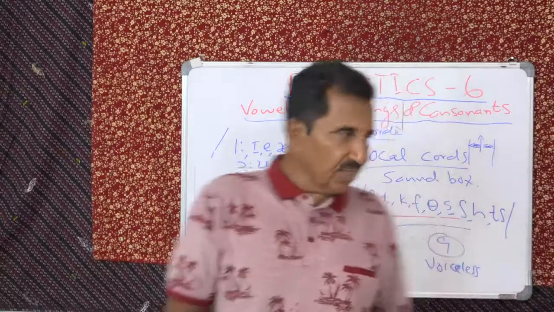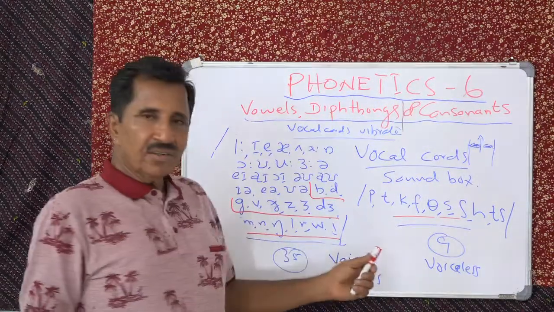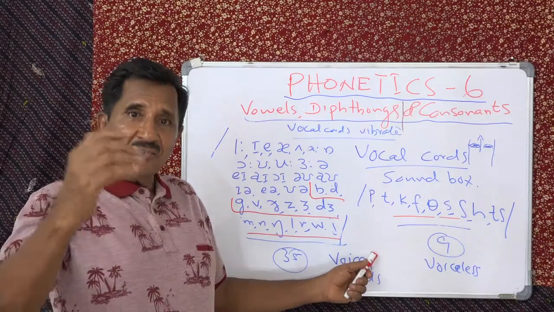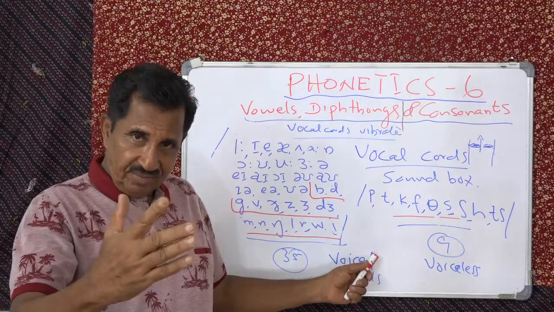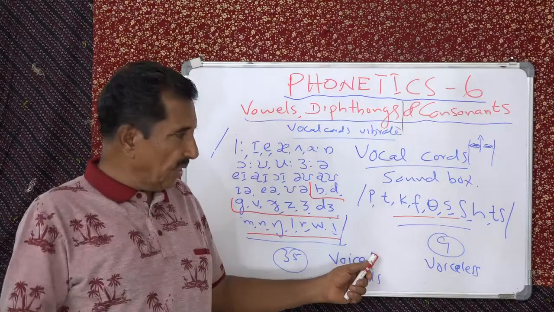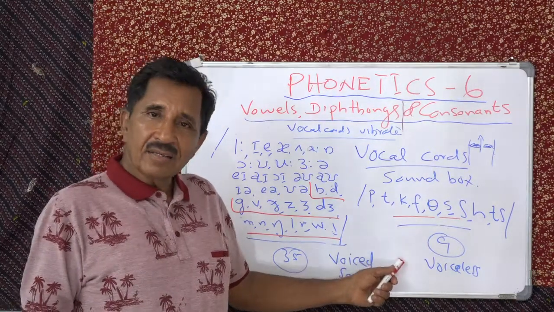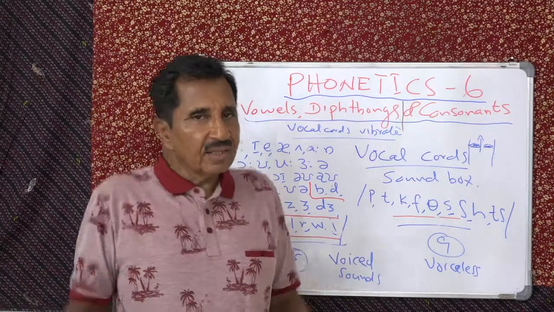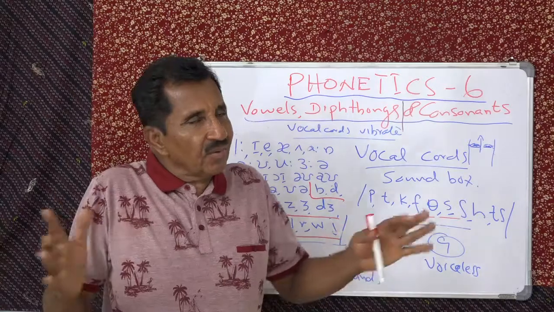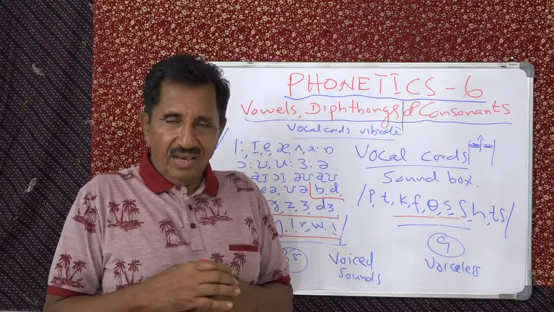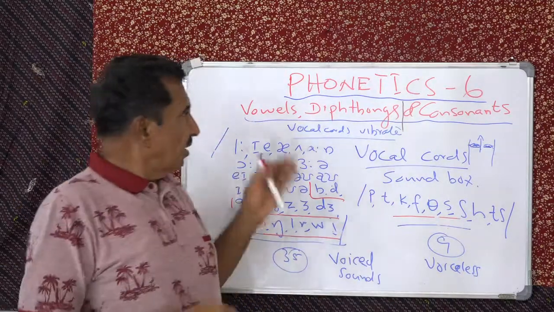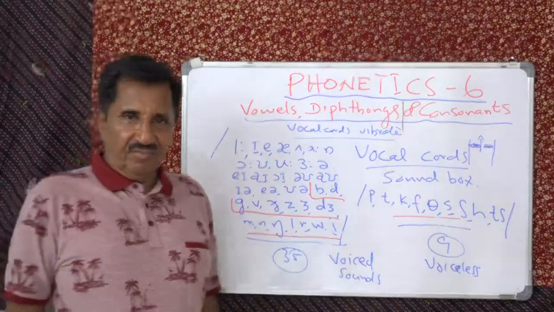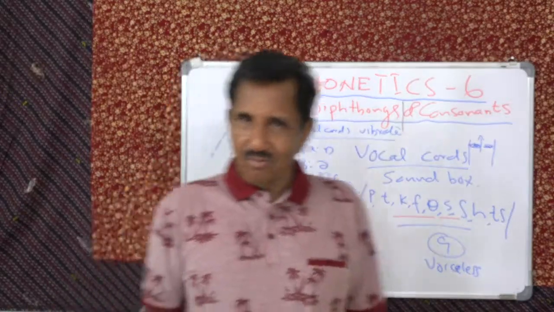When you say consonants, they are speech sounds. Airflow is obstructed, either by narrowing or by stroke, and they may or may not be voiced. This is all what I told you. Forget about all the other things. I have only defined vowels, diphthongs and consonants. General definition.